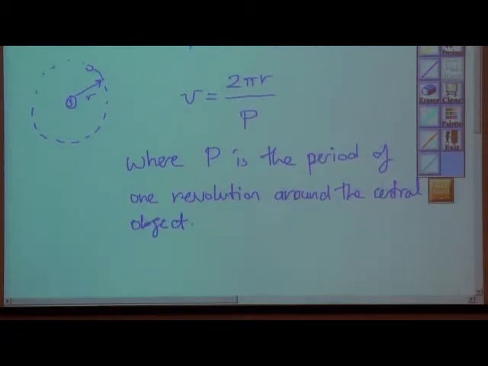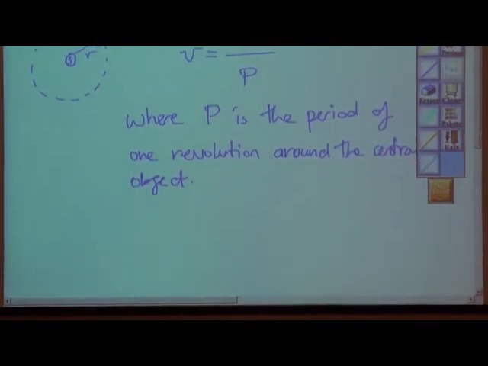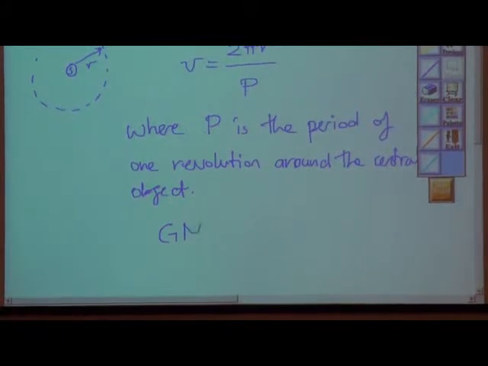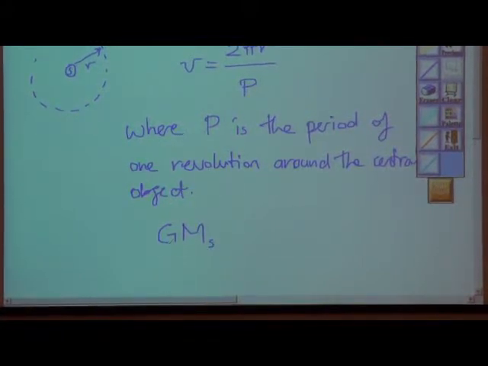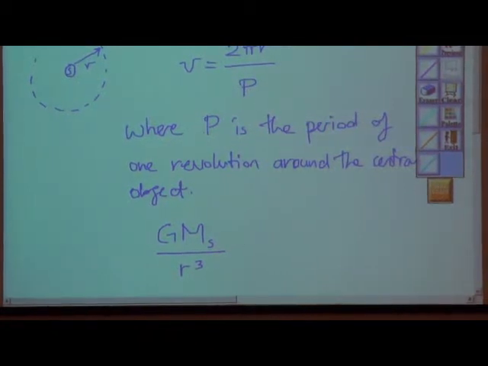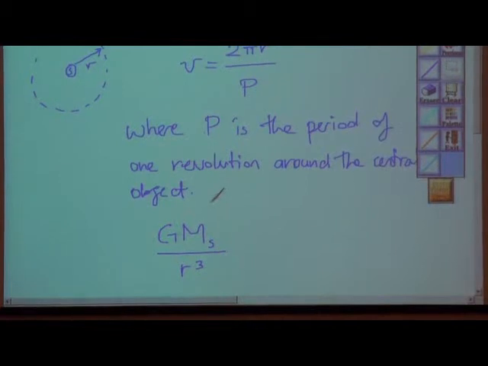So what we can do next is put this v in place of v squared here. G m sun over r cubed is equal to the angular speed squared. Sorry about that. But let's focus on this portion over here.